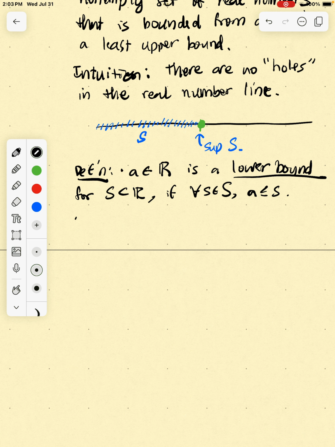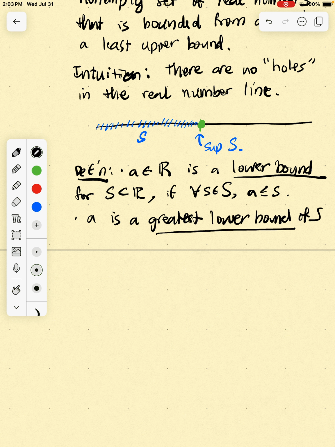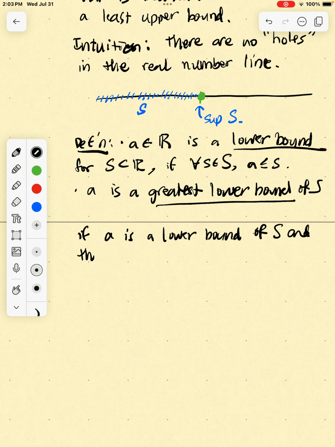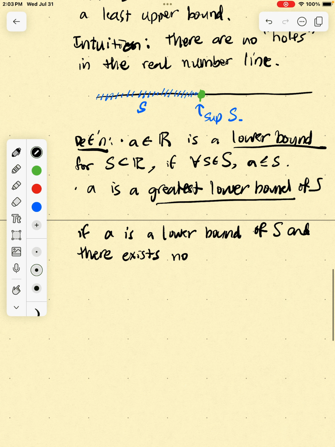Okay, so that's the first definition, and A is a greatest lower bound if A is a lower bound of S, and if there exists no larger one.